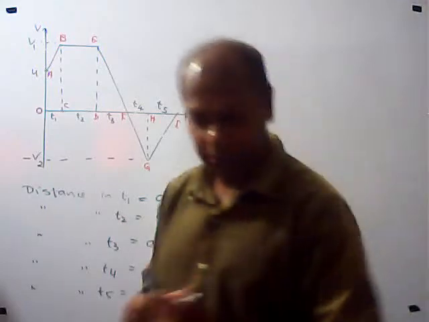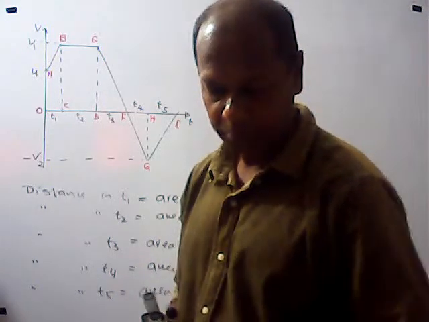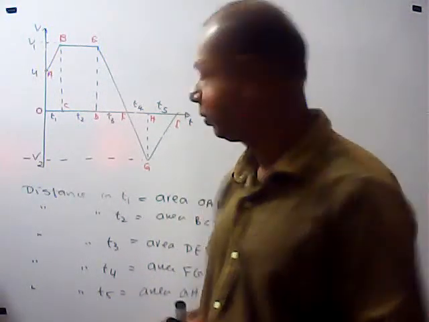And you have to find the distance traveled in T2 plus T3, then T4 plus T5.